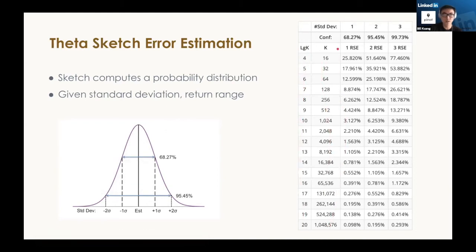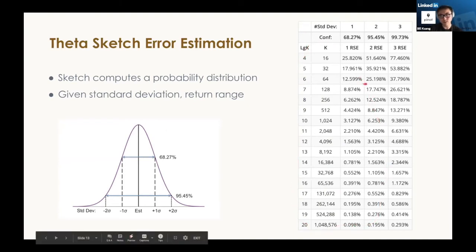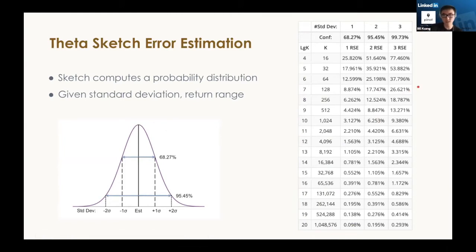As with a lot of sketching algorithms that you might be familiar with, you can tune how big a sketch is. And the bigger the sketch, the smaller the error. So you can see that the error margin drops as you move down the table, but the sketch size goes up. It's a trade-off that you would have to play with for your particular data set if you do decide to use Theta Sketch.